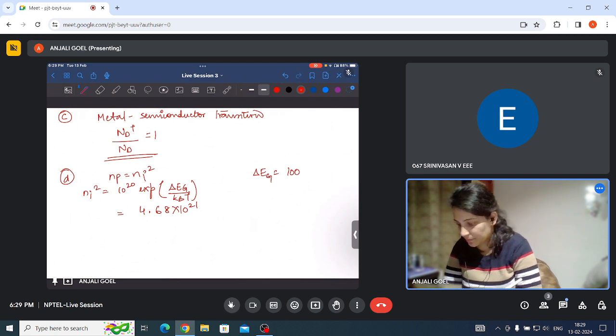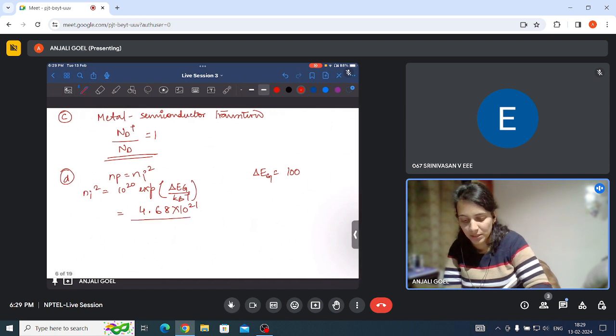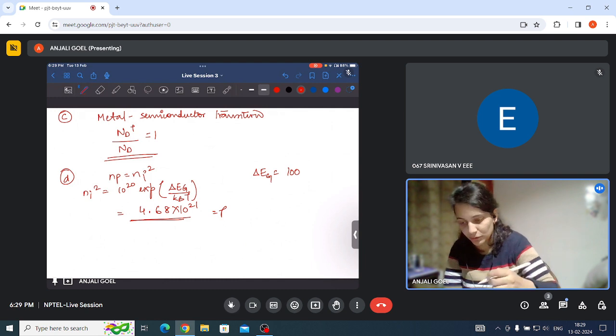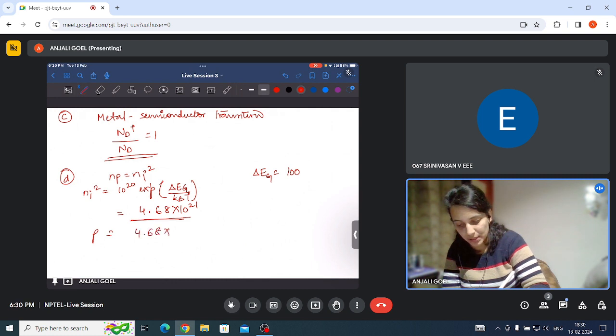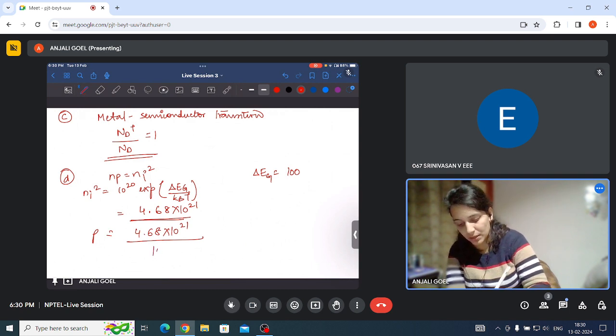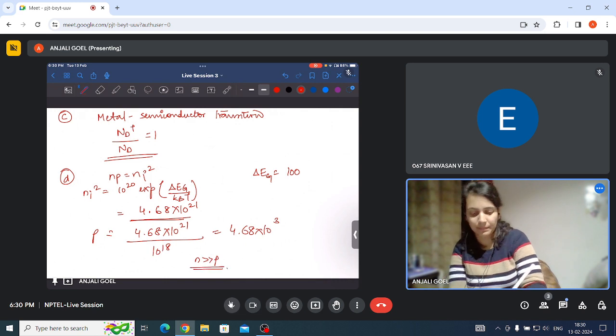Now you may solve and you'll find out that this is just equal to P. Oh no, sorry. So P will be 4.68 into 10 raised to 21 divided by, since we converted everything into meter now, 10 raised to 18. So 4.68 into 10 raised to 3. That means N is greater than P.